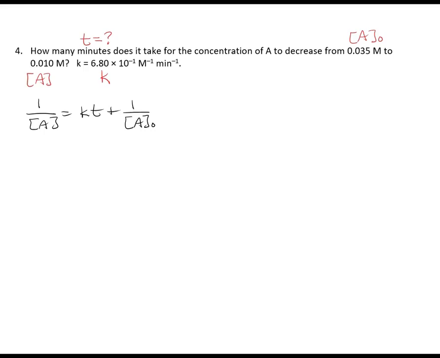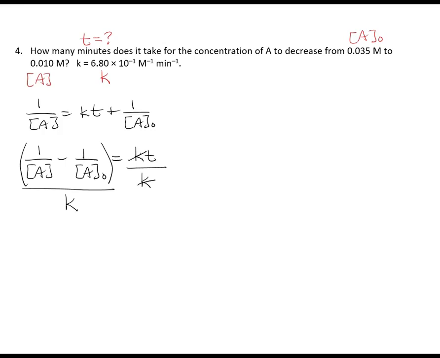We're solving for T, so we first need to get the KT term by itself, and then we can divide by K. In order to do that, we need to subtract the 1 over A naught from each side. So we have 1 over A minus 1 over A naught equals KT. And then if we divide both sides by K, it looks kind of a mess, but it will work.